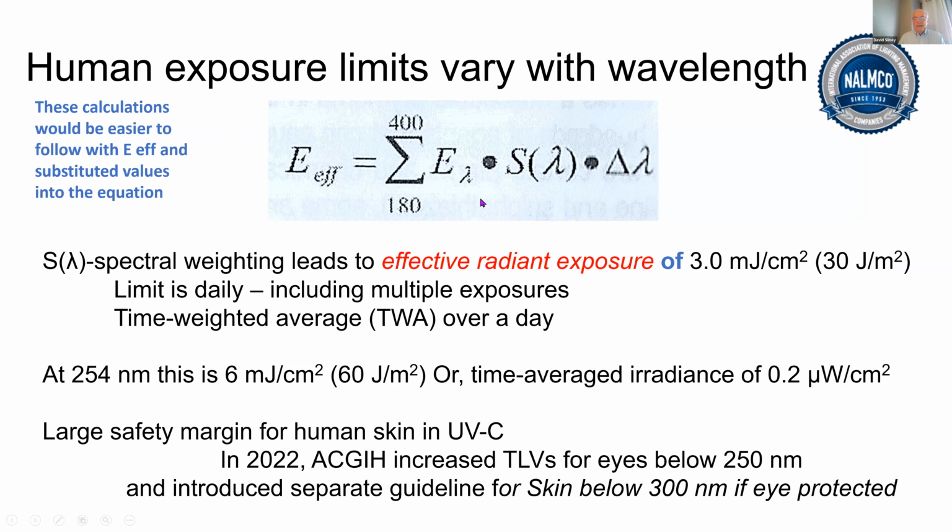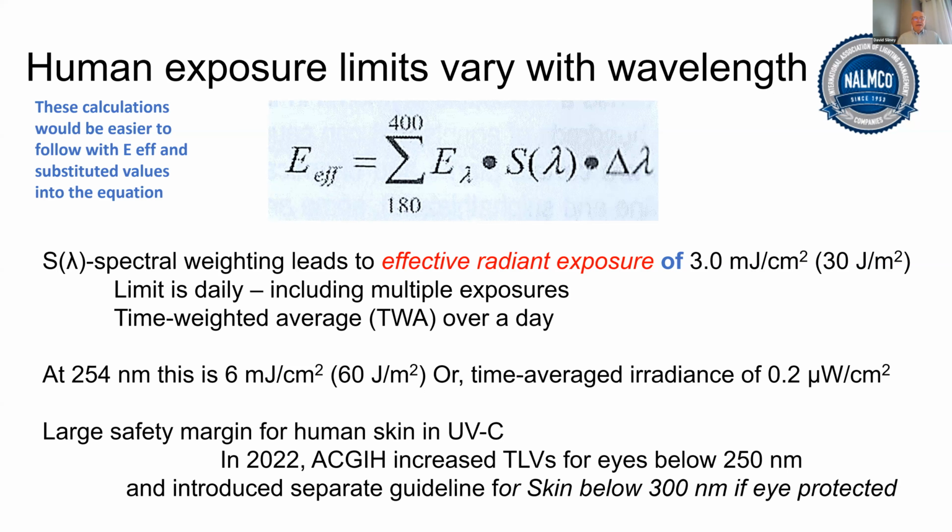And most LEDs, for example, have a bandwidth of, for example, 15 or 20 nanometers. So it would have to cover that particular area to come up with what the effective irradiance for that lamp would be. That would be of concern.